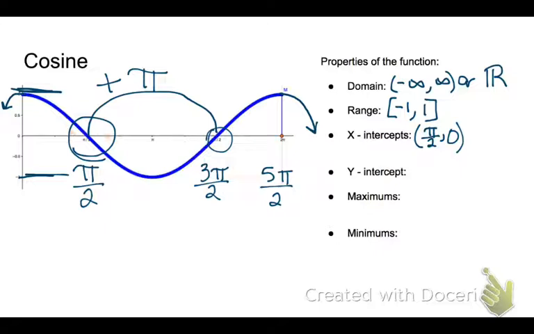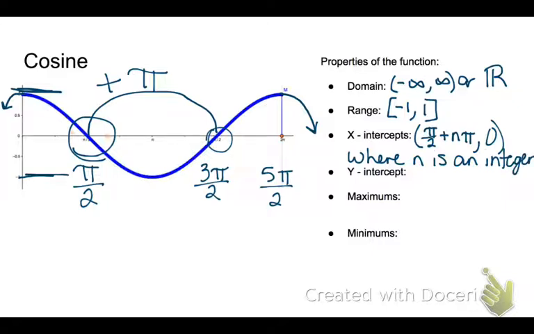But it happens at every plus pi later. So how we're actually going to write that is pi over 2 plus n pi, 0, where n is an integer.